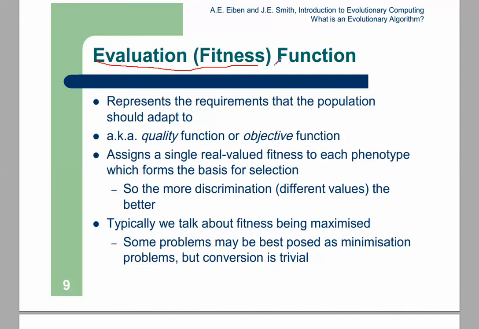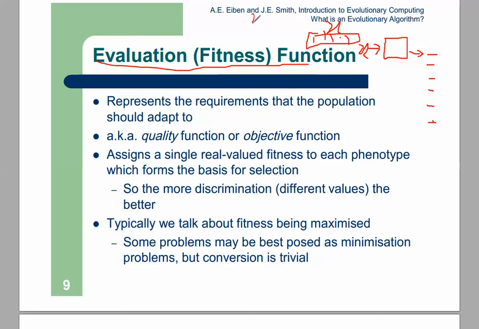Evaluation or fitness function. Evaluation or fitness function is a function that gets, for example, an individual or chromosome and produces a quality of this chromosome. It is a grade of this chromosome.